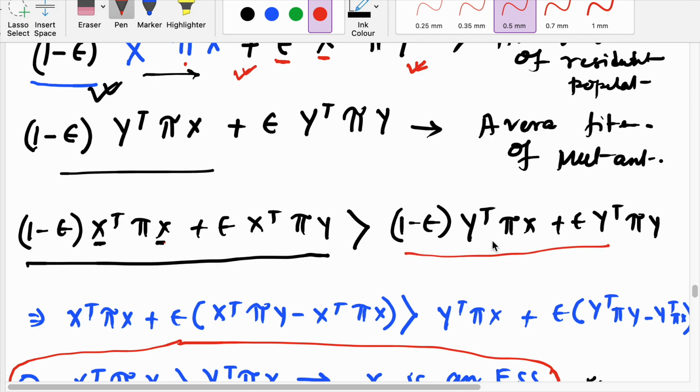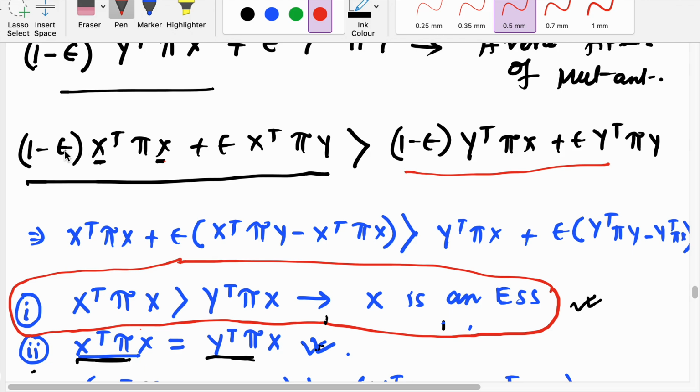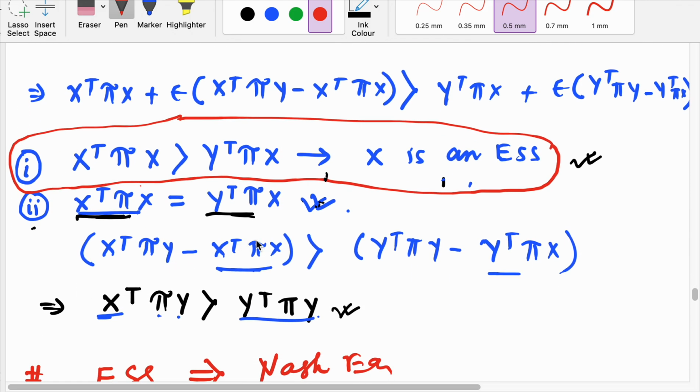If you do it, and epsilon tends to 0, you get the first condition for ESS: if resident individuals play against resident individuals, the fitness they get should be greater than what a mutant will get if she interacts with the resident population. If this is so, then we call that x strategy an ESS.